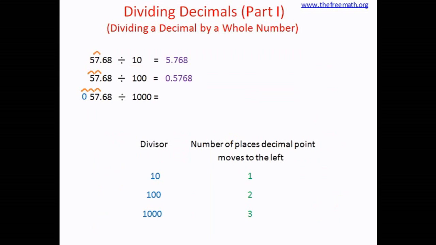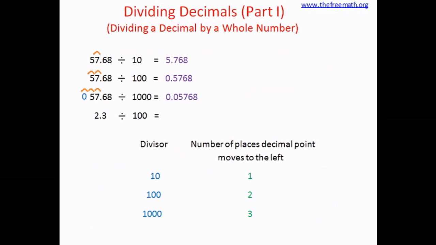In case of a whole number, you know that you can write an extra 0 before the number and it does not change its value. Therefore, the answer is 0.05768.